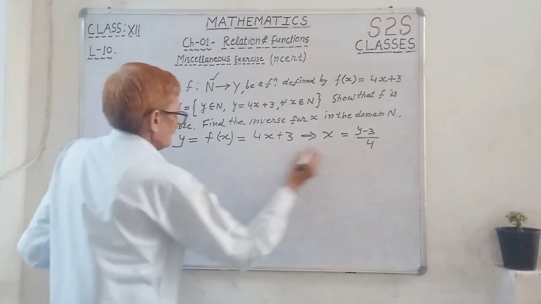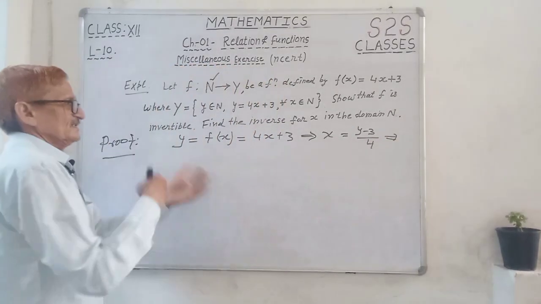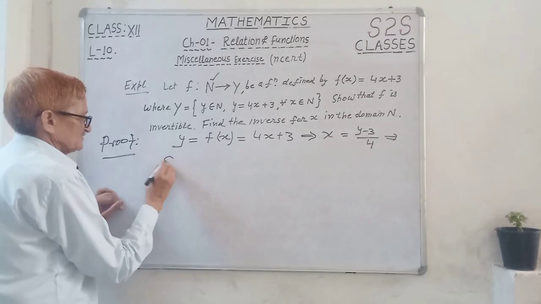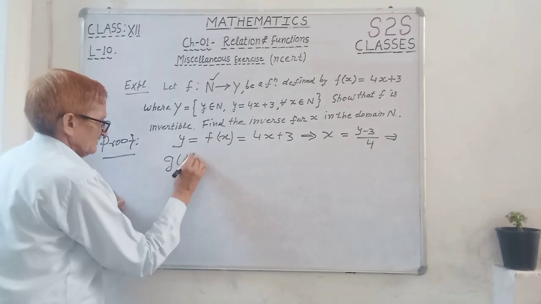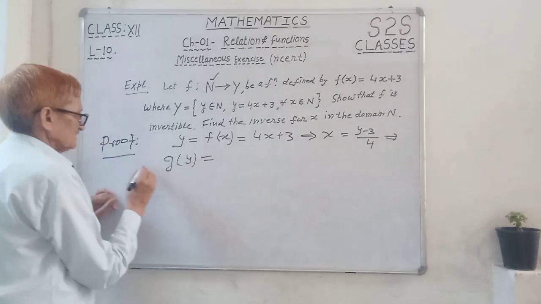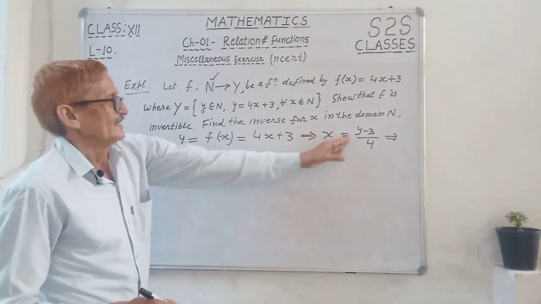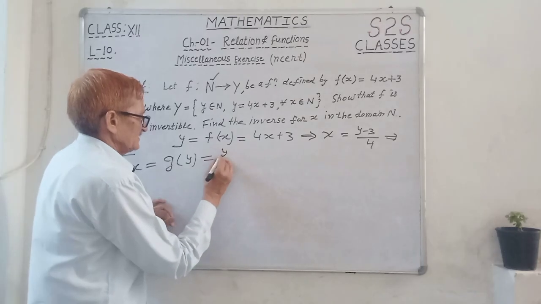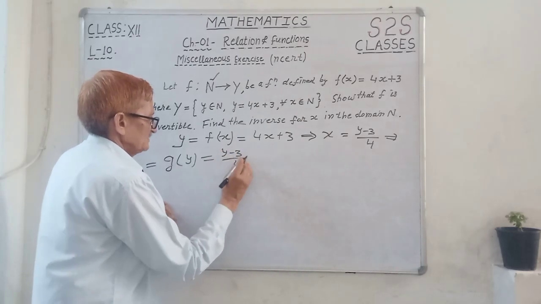This implies it will be a new function. Let it be g, so g(y) in the y variable: x = g(y) = (y - 3)/4. It is a new function.